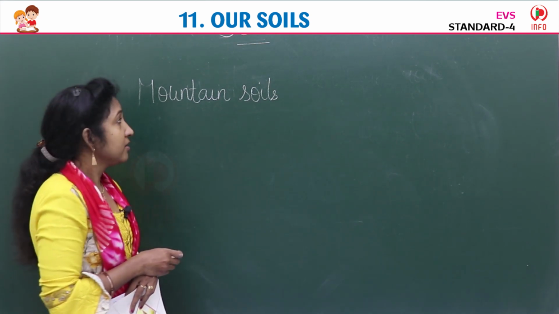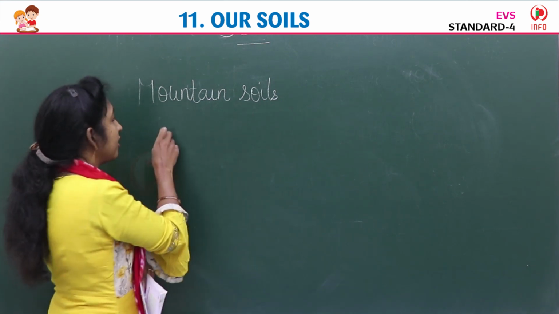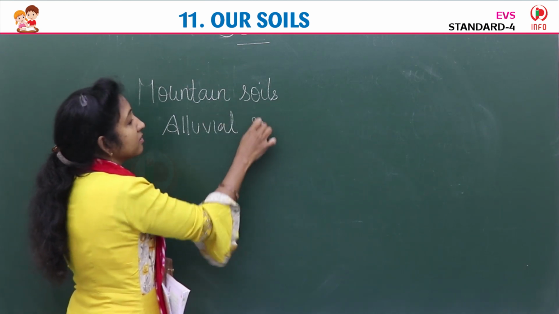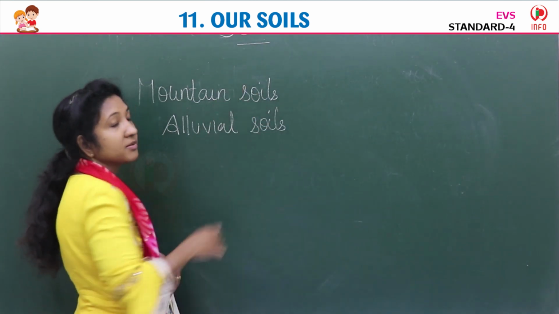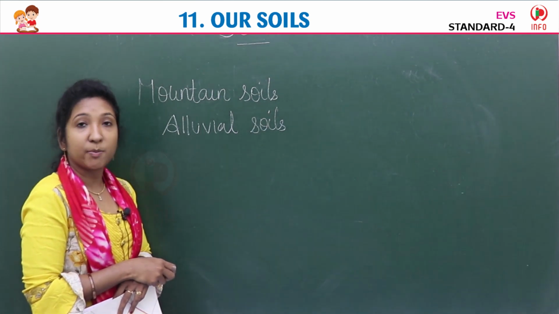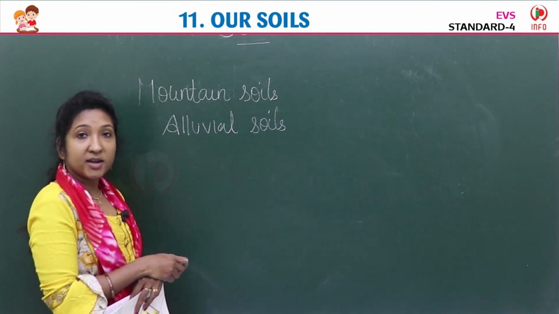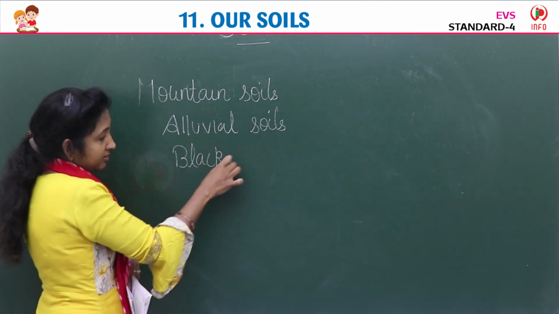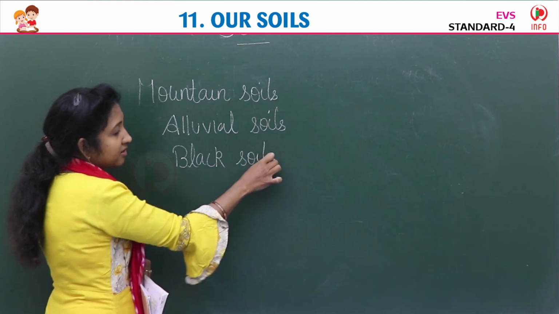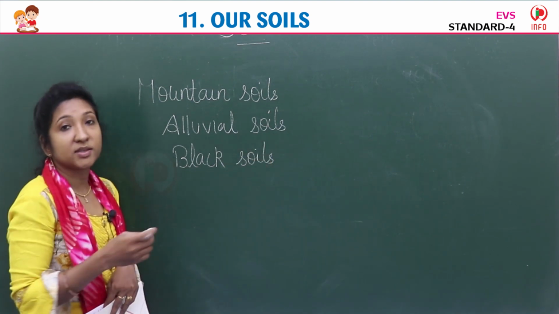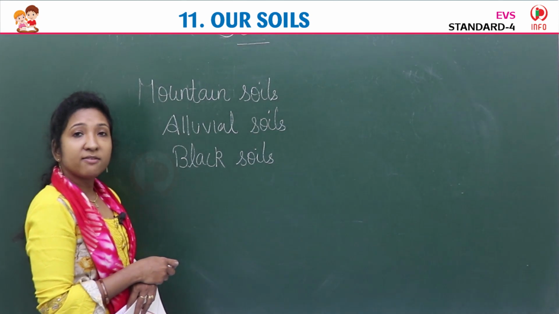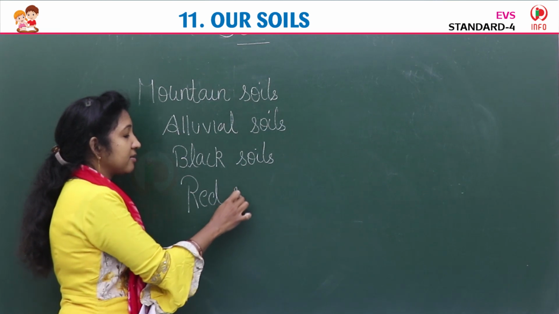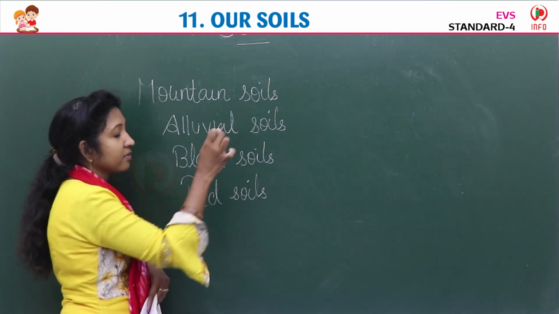Then the next one is alluvial soils, the second type of soil. Then the third one is black soils, which are very rich in minerals, isn't it? Then after black soils, we learned about red soils.